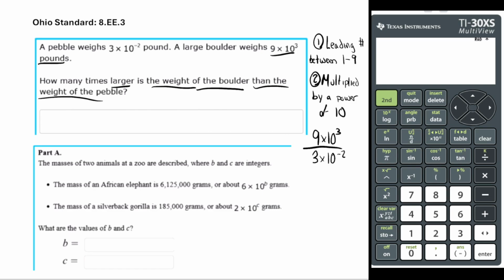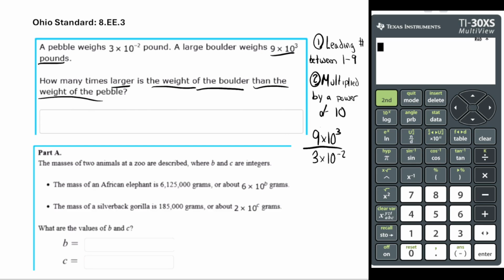Now, how you could do this, you could split this up, take care of dividing your numbers first, and then dividing your powers of 10, or you could just do it all in one go. Okay, so here's how you do it all in one go.